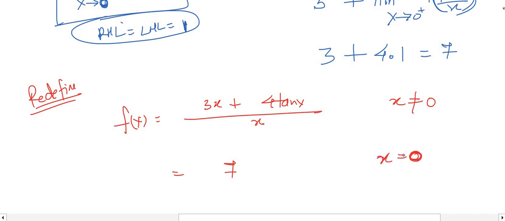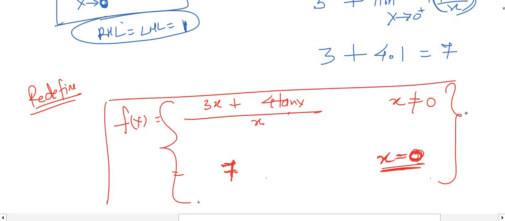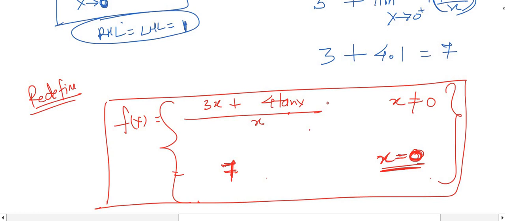Now I am matching the function value at x = 0, which is 7, with my limit value of the function. So whenever I calculate the limit value, that will also come 7. Left hand limit and right hand limit will also come 7, and the function value will also come 7, because I have redefined it. I have defined that the function has the value 7 when x is equal to 0.